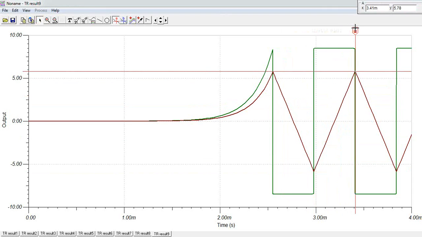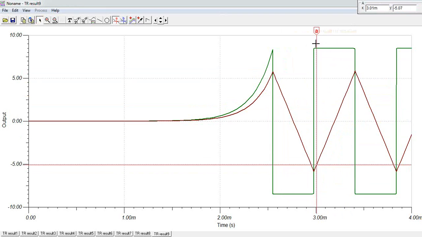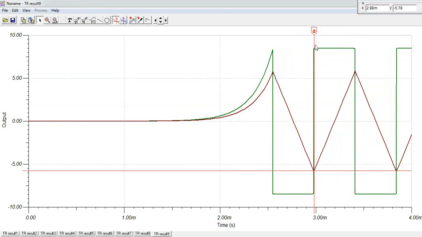As you can see, we observe peaks at 5.82 and negative 5.83. Hence the peak-to-peak value will be 11.65.